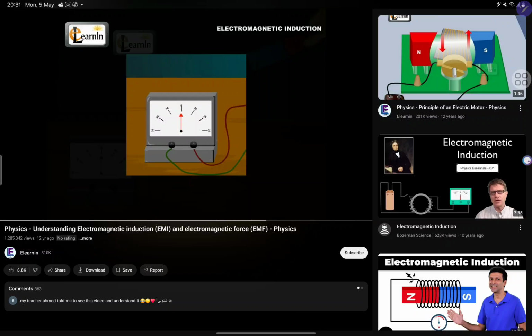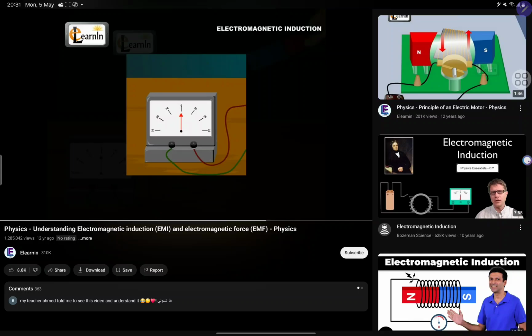So a question is how an EMF is induced. The magnetic field is changed. That's the first thing.